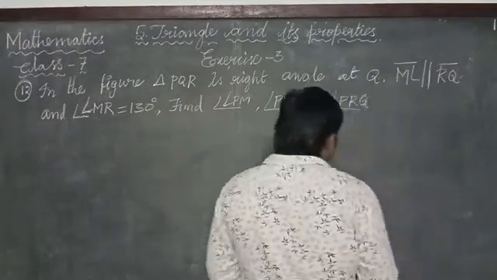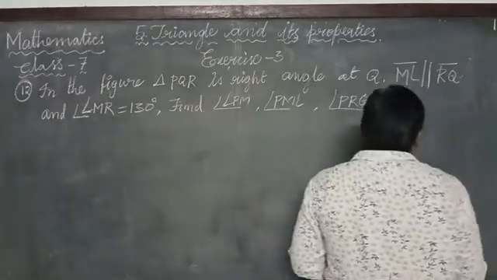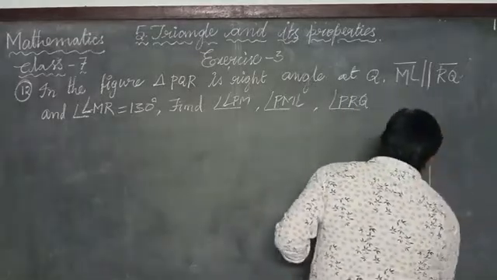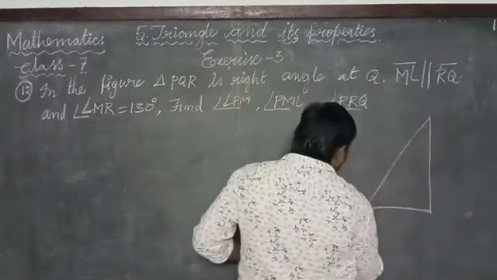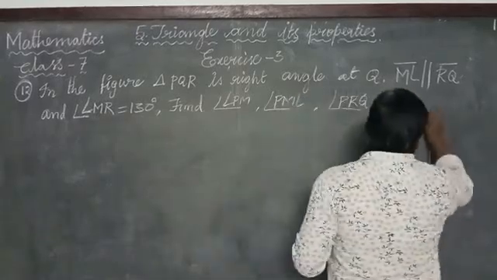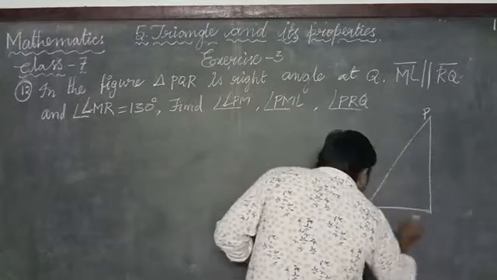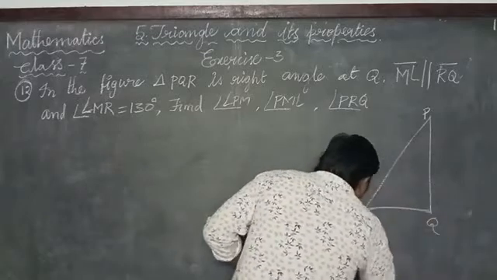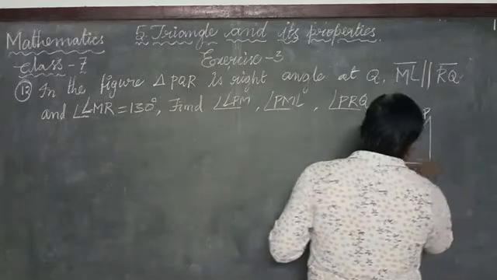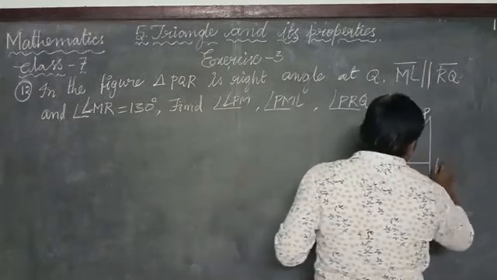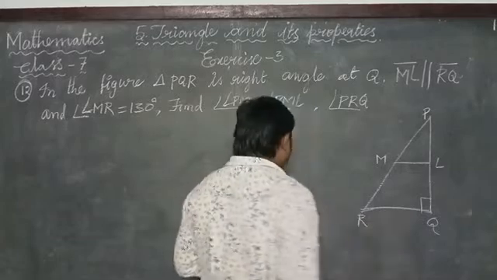Okay, now let us see the diagram. This is the figure they have given. Triangle PQR, the right angle is at Q, and the line segment ML is parallel to QR or RQ.